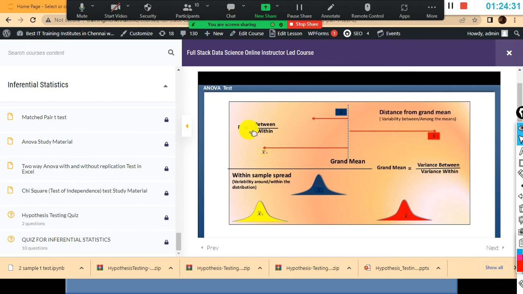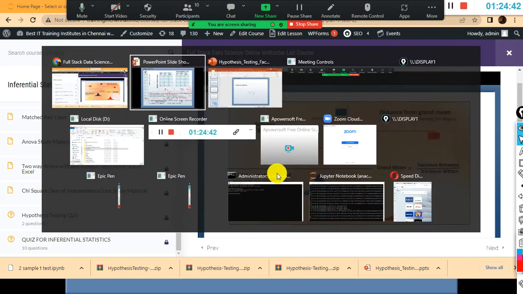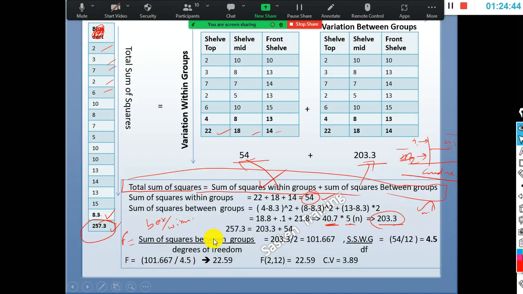Between, how far each mean is away from the grand mean; within, how far each value is away within each group, right? So between divided by within. That is the formula, right?